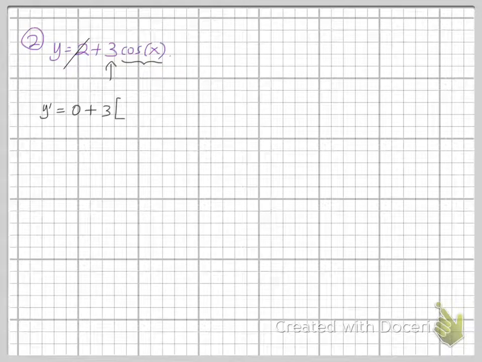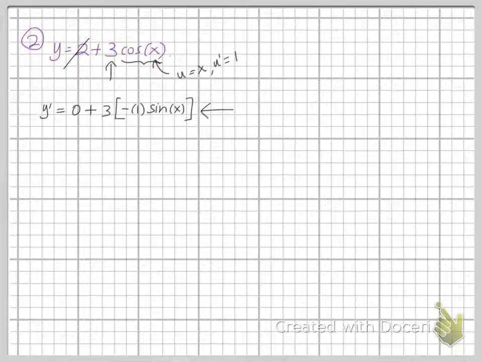So if I use the rule to find the derivative of cosine of u, remember this u is x, and then u prime, the derivative of u, is 1, because the derivative of x is 1. Okay, so I'm going to have a negative, that's my rule, u prime, 1, times sine of u, which in this case is x. Okay, so this is the derivative.